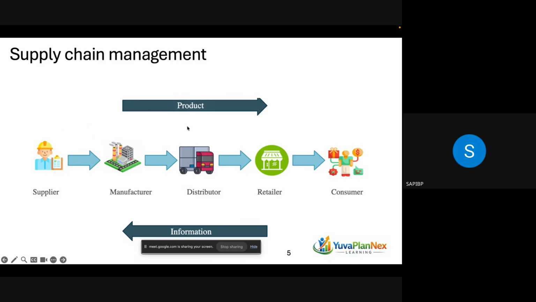For example, if you want to buy a two-wheeler, let us say an Activa, where will you go? Not directly to the manufacturing unit, but to the nearest vendor. That's where the retailer comes into the picture. You ask for that product, and if the stock is there, he will straight away fulfill your demand and deliver your vehicle.